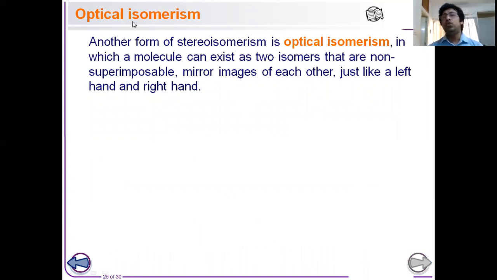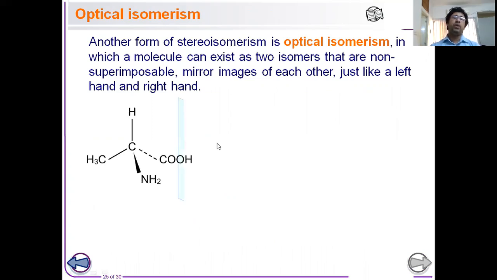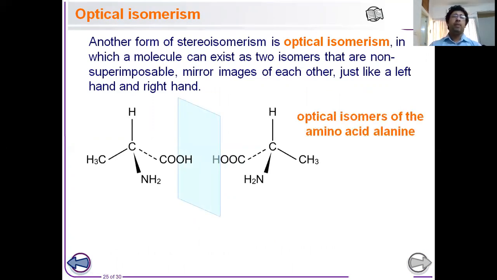Stereoisomerism is basically 2 types. One is geometrical, also called cis-trans. Another one is optical isomerism. In optical isomerism, we must have a chiral carbon. Chiral carbons are those carbons which contain 4 different types of species around them.